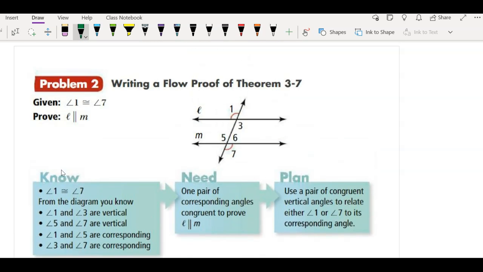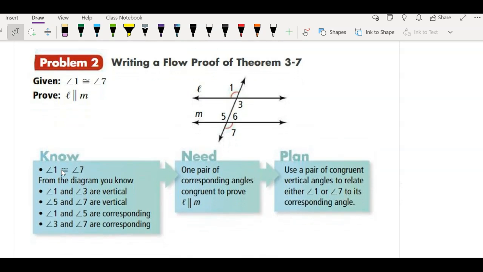Okay, so we're going to write another flow proof. This one's going to be for theorem 3.7. We're given that angle 1 is congruent to angle 7, and we want to prove that line L is parallel to line M. We know that angles 1 and 3 are vertical angles. 5 and 7 are vertical angles, so that means all of those angles are congruent. 1 and 5 are corresponding angles, and 3 and 7 are corresponding angles.